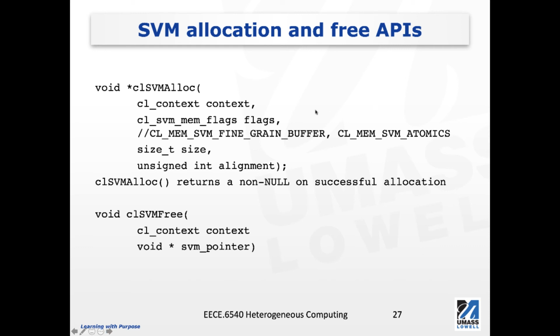It takes the context as the first argument, with possibly some flags indicating the granularity, and then the size and the alignment. This SVM alloc will return a non-null pointer if the allocation of the shared memory is successful. And after that buffer is used, we can then free the buffer.